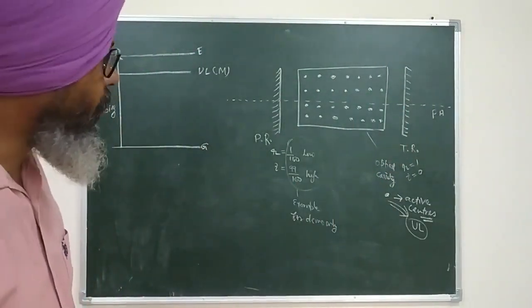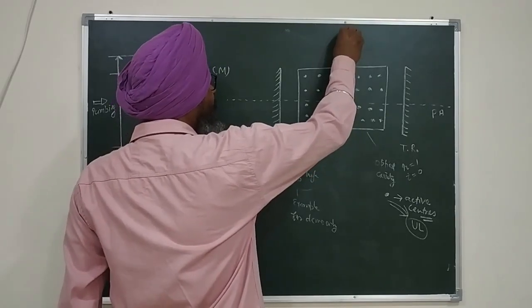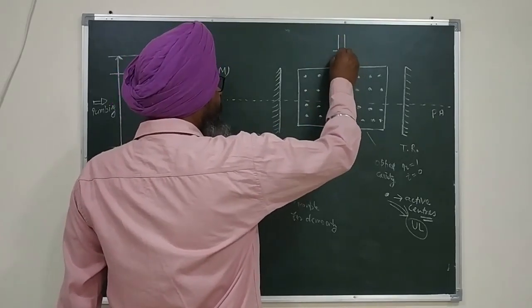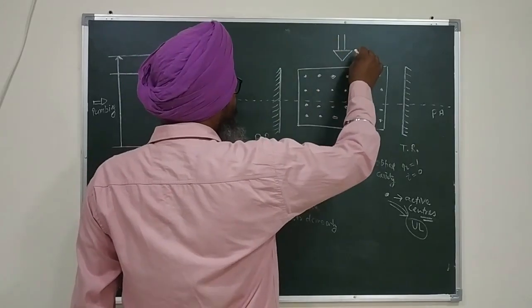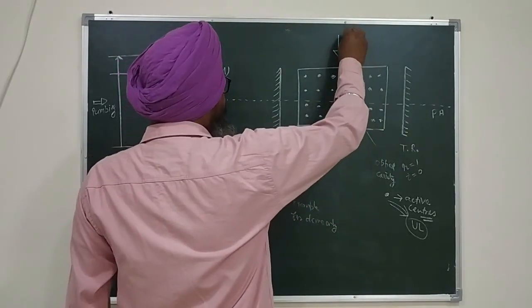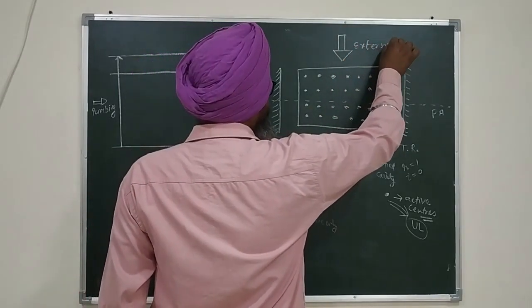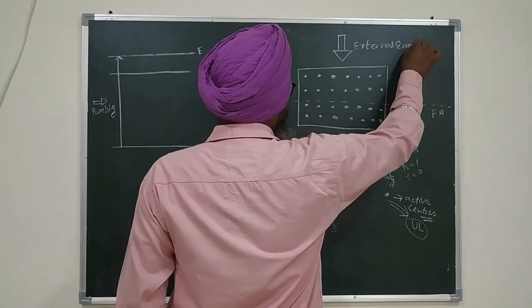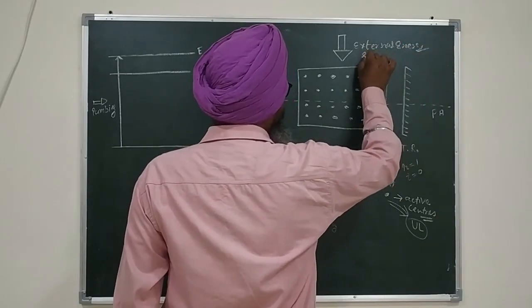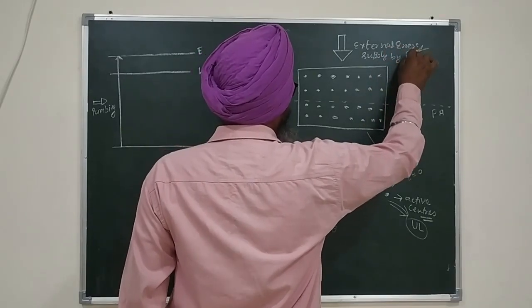So in order to properly utilize the space on the board, I would show this double arrow here. This double arrow tells me that these active centers are due to the external energy supply by the pump.